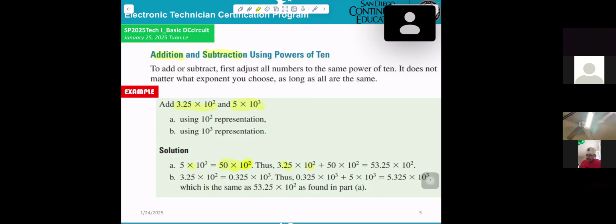Okay, so basically you add the numbers here and the power will be power of 2. Okay, that's how to handle adding or subtracting numbers with the power of 10.